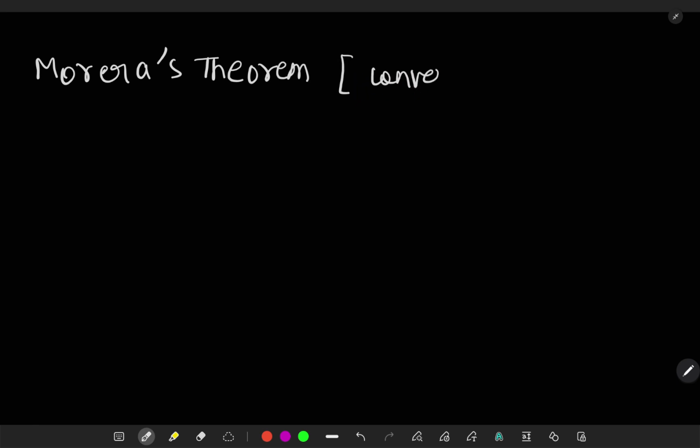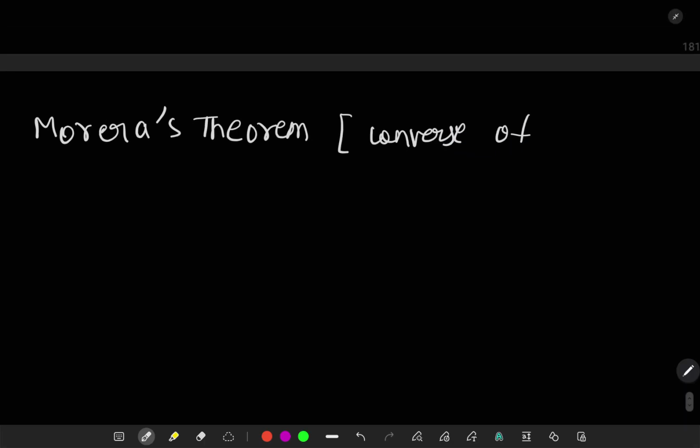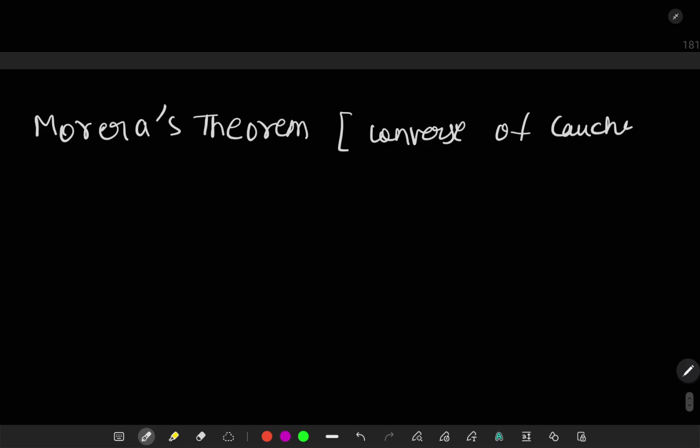Now another important theorem, Morera's theorem, and this is the converse of the Cauchy integral theorem.